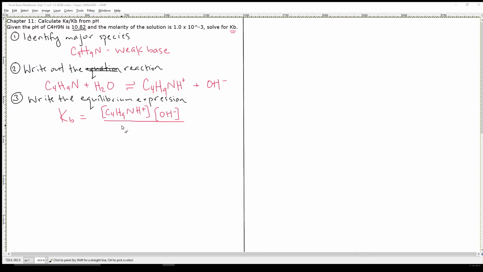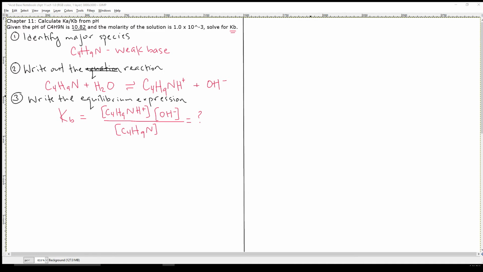Now, what from my reactants am I going to include? I'm going to include everything except for the water, because water is a liquid, we're not going to include it. And we don't know what Kb is. Usually we'd write that on here to keep track of it, but we don't know. That's the goal of this problem.